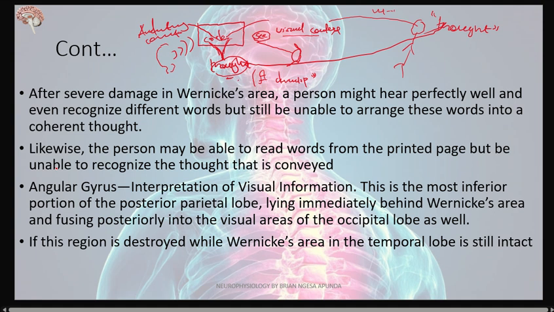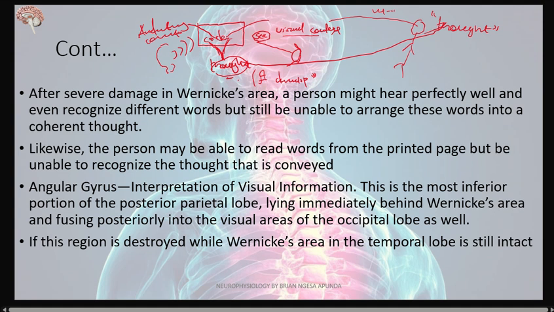Very important. Likewise, a person may be able to read words from the printed page but be unable to recognize the thoughts conveyed. This happens if Wernicke's area is damaged. The angular gyrus handles the interpretation of visual information.